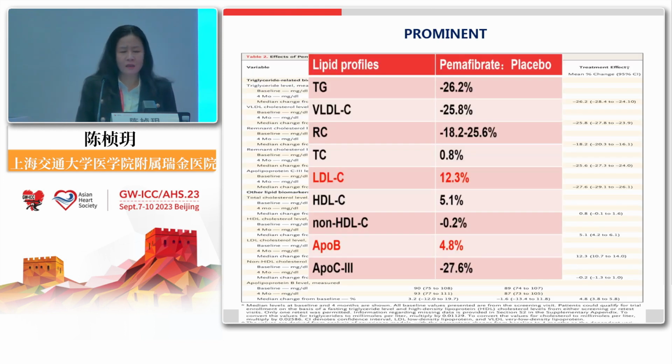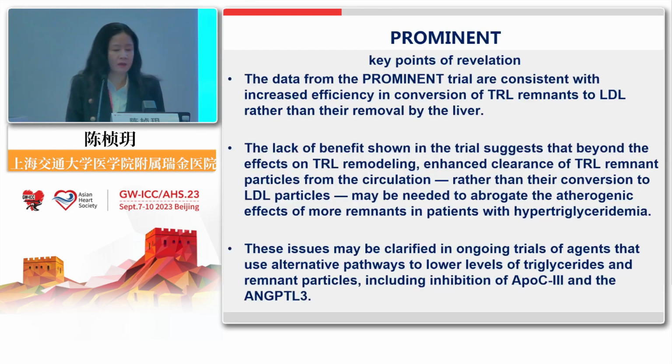If you look at the lipid profiles, you will see LDL-C and ApoB after treatment increased significantly, about 12% and almost 5% in this study. So here are some key points of revelation from PROMINENT. The data from the PROMINENT trial are consistent with increased efficiency in conversion of TRL remnants to LDL rather than their removal by the liver.